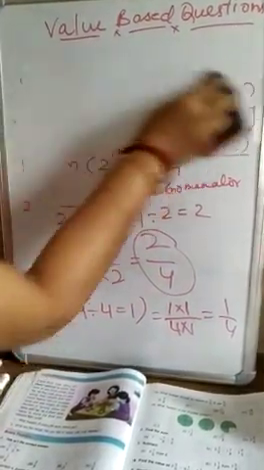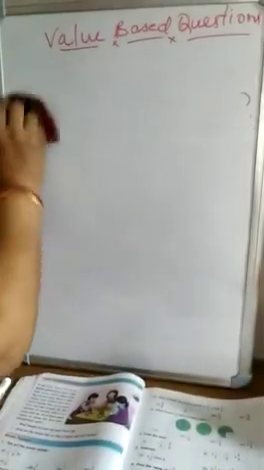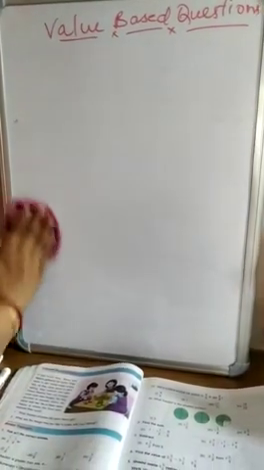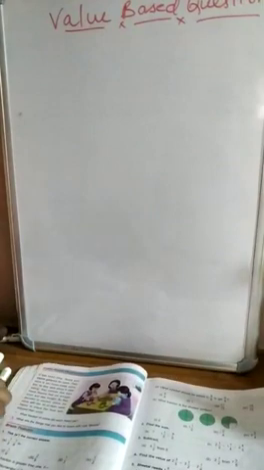Now the next point is ascending and descending order. In ascending and descending order, children, in the case of unlike fractions, you first have to convert.